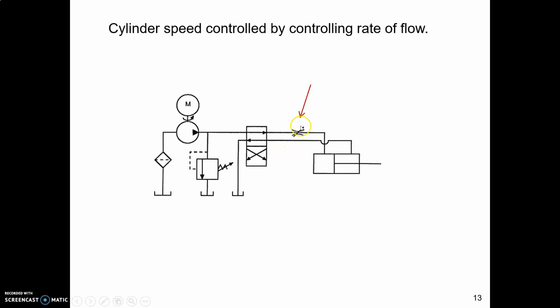Here is a flow control valve in a schematic. So here comes oil from the pump, going through our directional control valve, going through our flow control valve, and we can adjust this to allow more or less fluid to flow through at a different rate, which will control the speed of that cylinder.